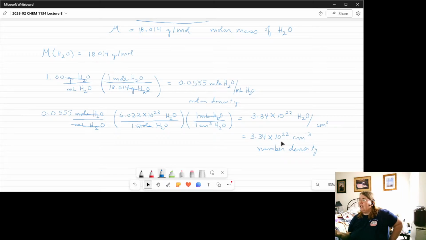But once you get used to this, you're not going to need to see the units to know which type of density it is, because you're going to be able to tell by the size of the number in front of the units. So that is molar mass, and that's how you calculate molar mass.